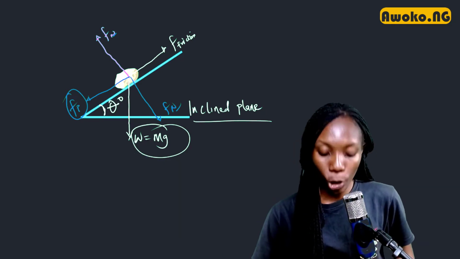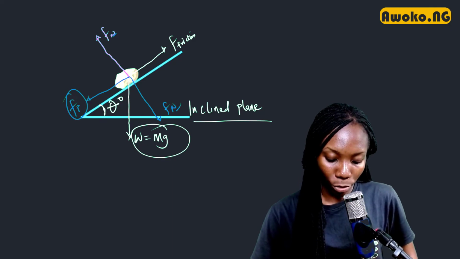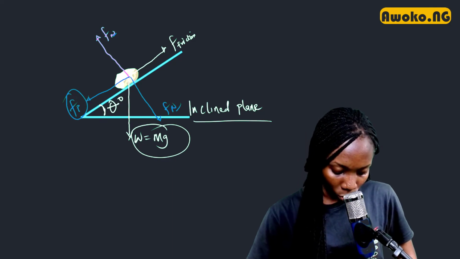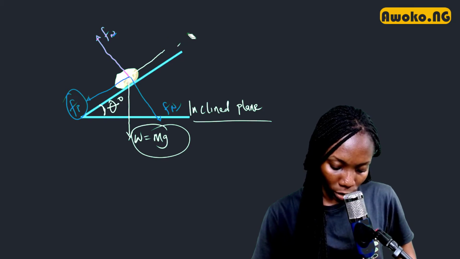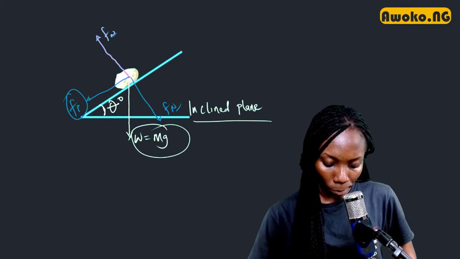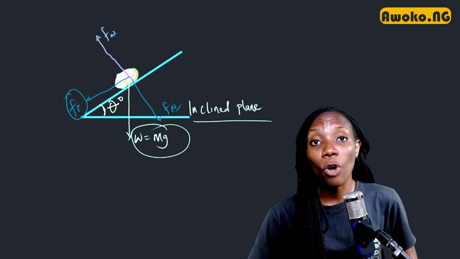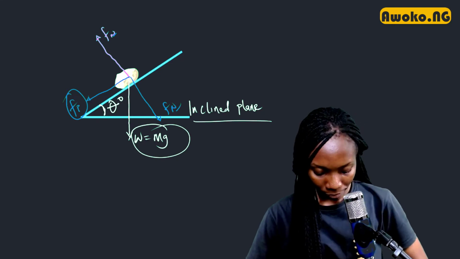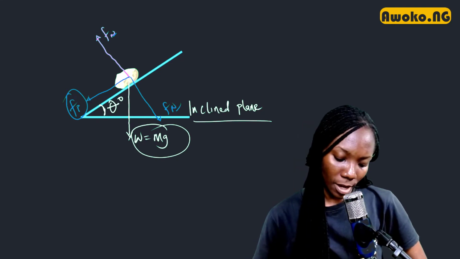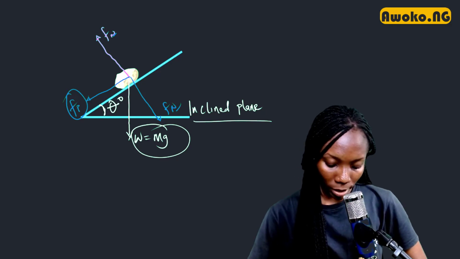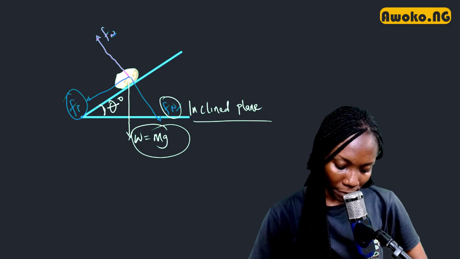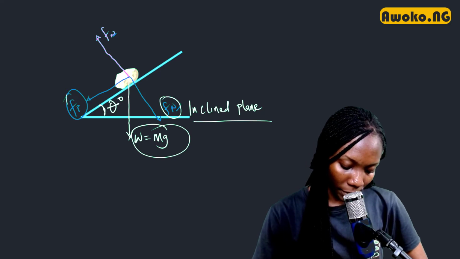If you look closely at what we have on the screen, let us ignore frictional force right now because we are not considering it. Now, if we look at what we have on the screen here, how do we get our parallel component and our perpendicular component, that is Fn and Fp?